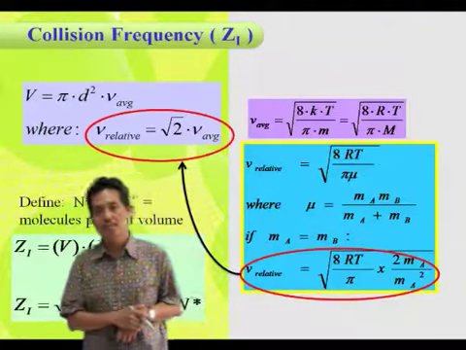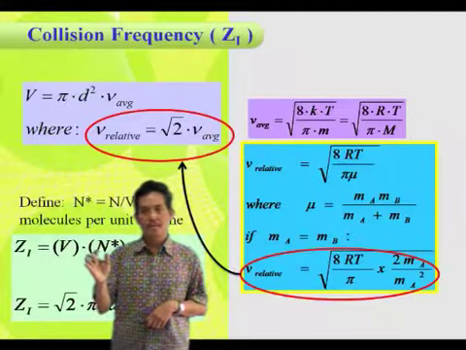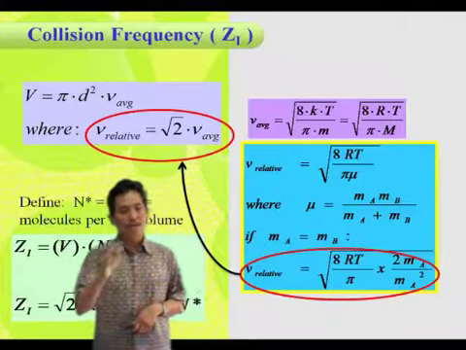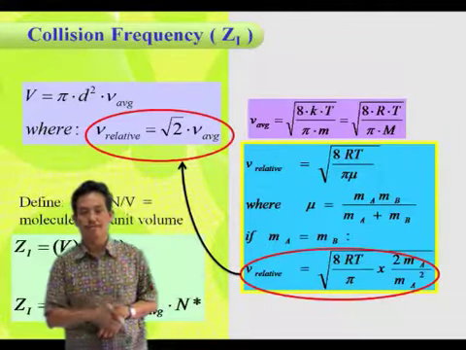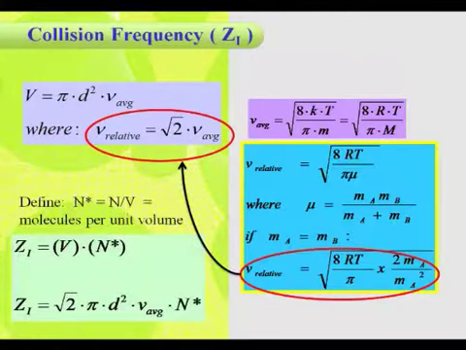So now we go to the discussion. If all the molecules move, let's go to the whiteboard. I can show you here. V is equal to pi d squared v average.